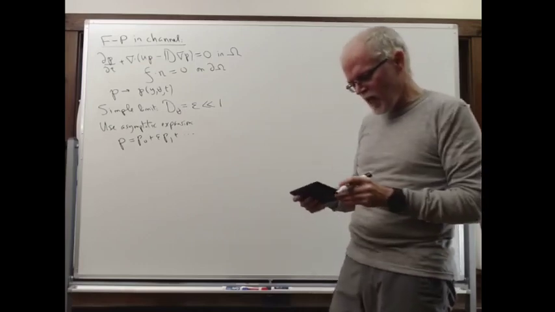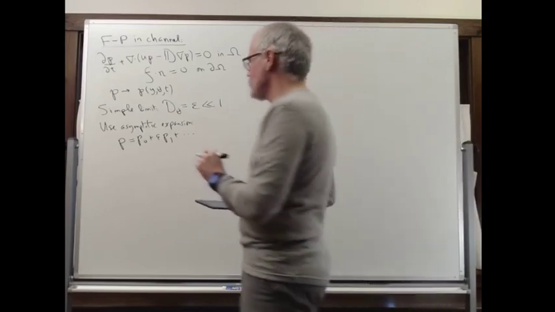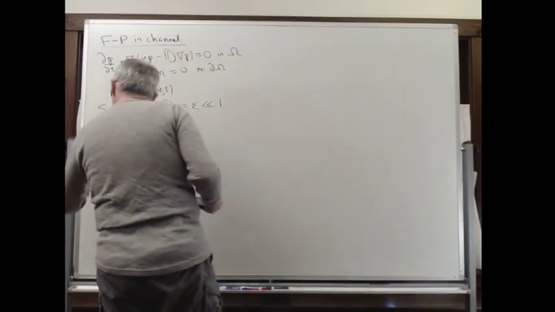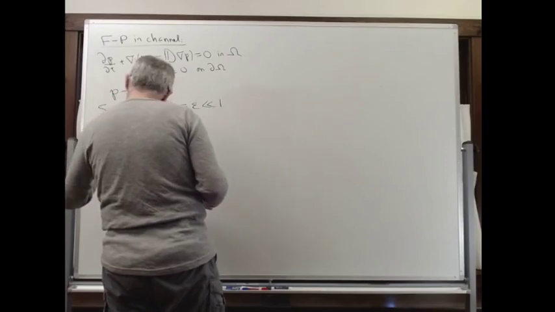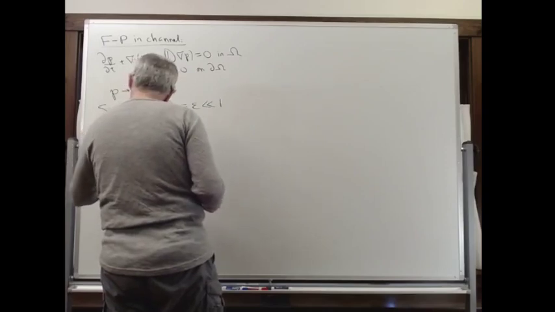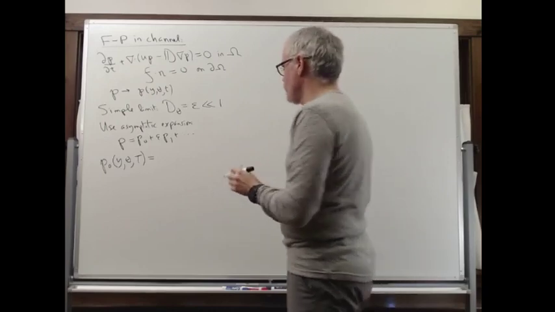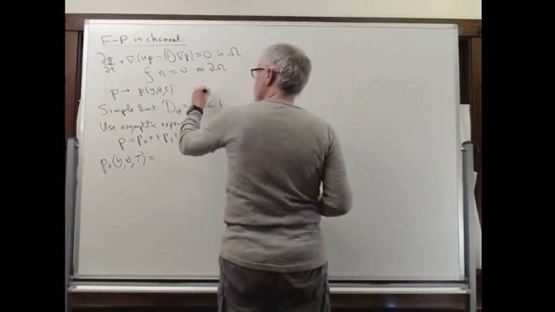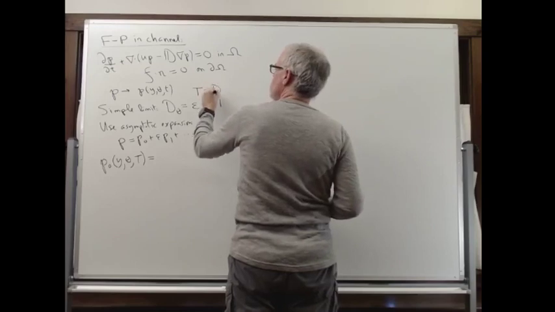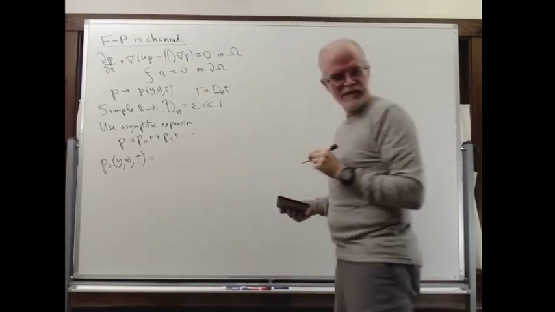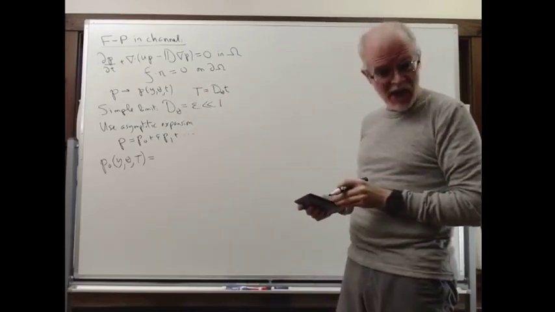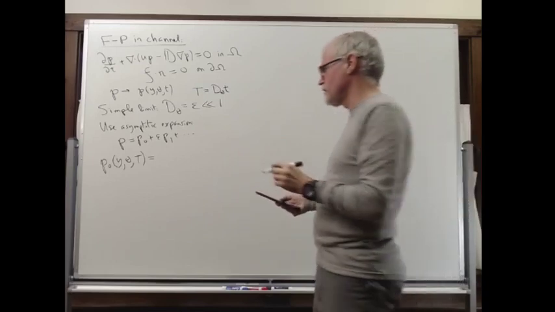It's fairly standard, but you get a nice answer out of it. You get a solution for P0 of y, theta, t, which is equal to, and I'm going to tell you what big T is in a second. I'm going to define big T to be D_theta times little t. So it's a dimensionless time rescaled by the diffusion constant.